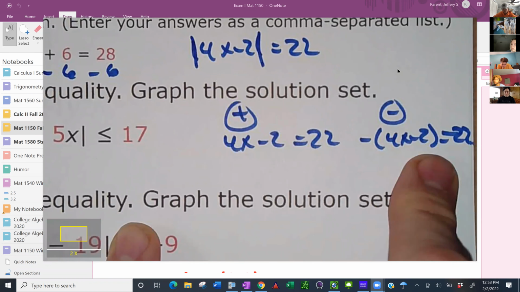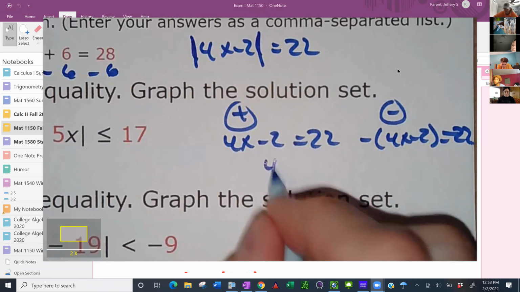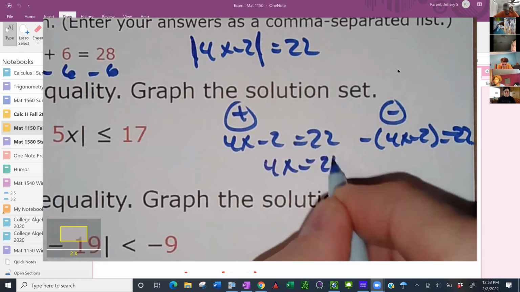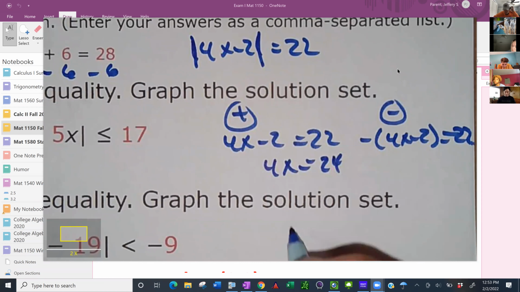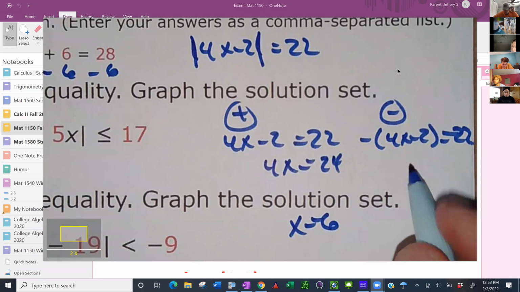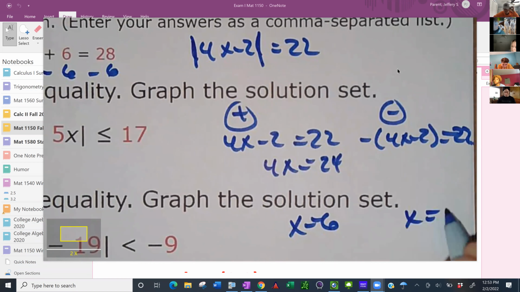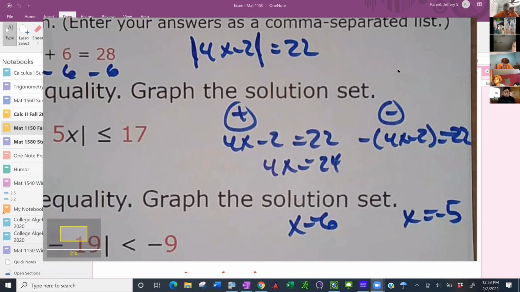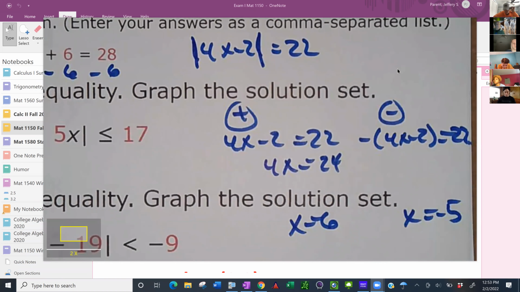And now you solve. 4x equals 24, so x equals 6. Here, if you distribute, you'll end up with x equals negative 5. All right. And I know I skipped a step there, but you can check me on that later.